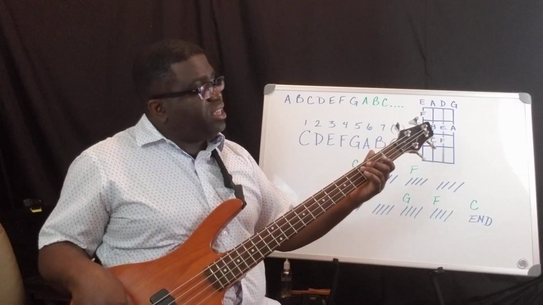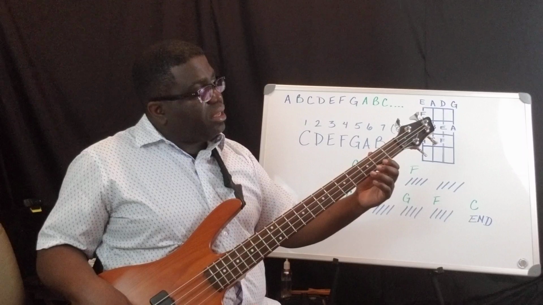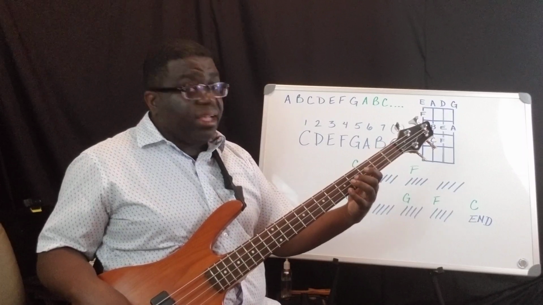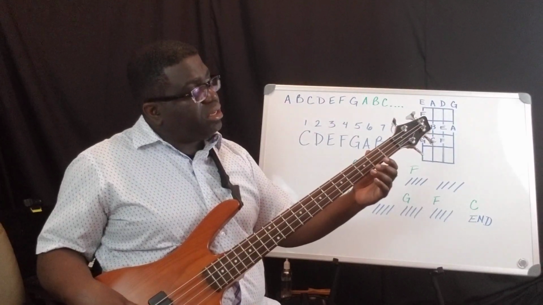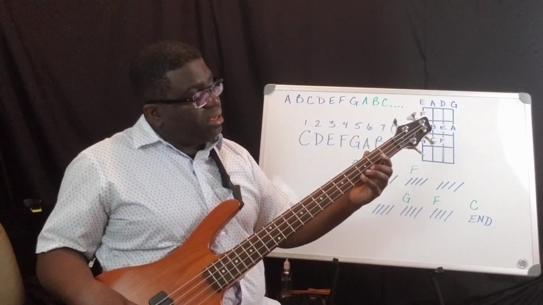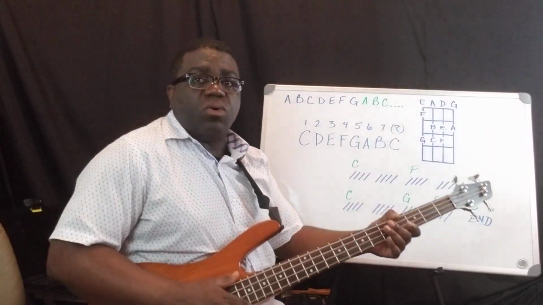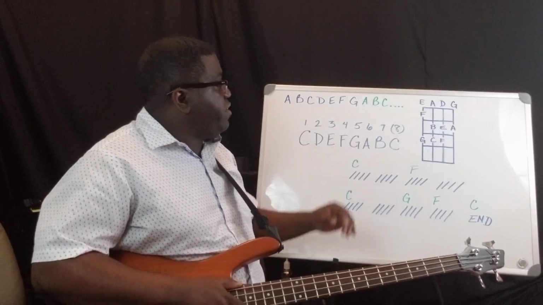So we got C, D, E, F, G, A, B, C. Okay? That's how it sounds. C, D, E, F, G, A, B, C. All right?